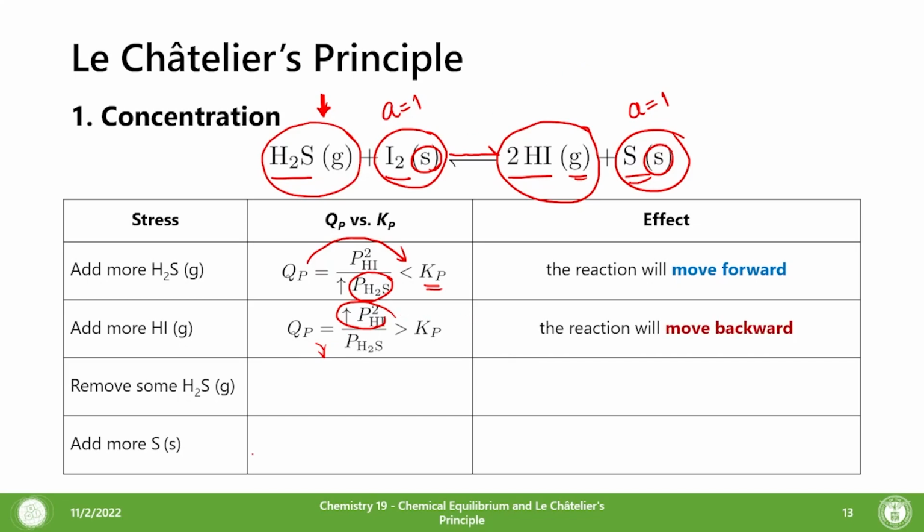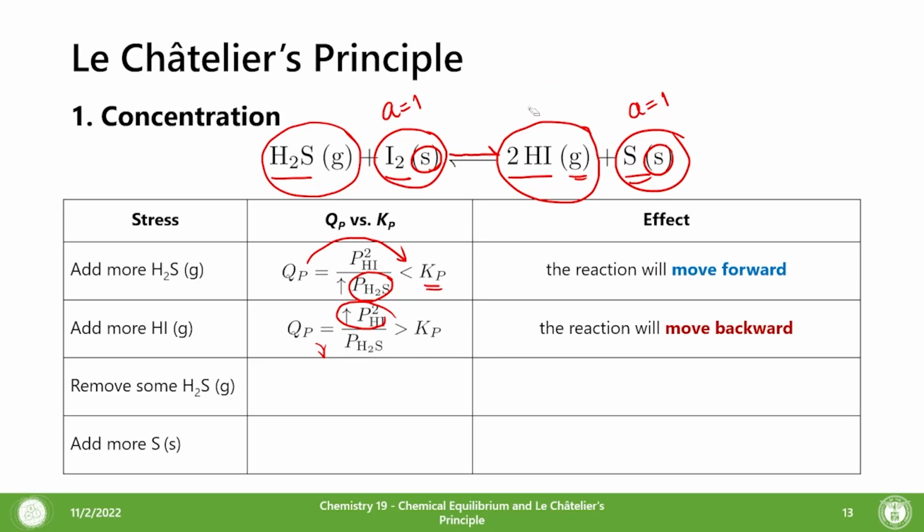So in this case, what we did was we applied a stress to our product side, hydrogen iodide, and therefore in order to relieve that stress, we had to move backwards.